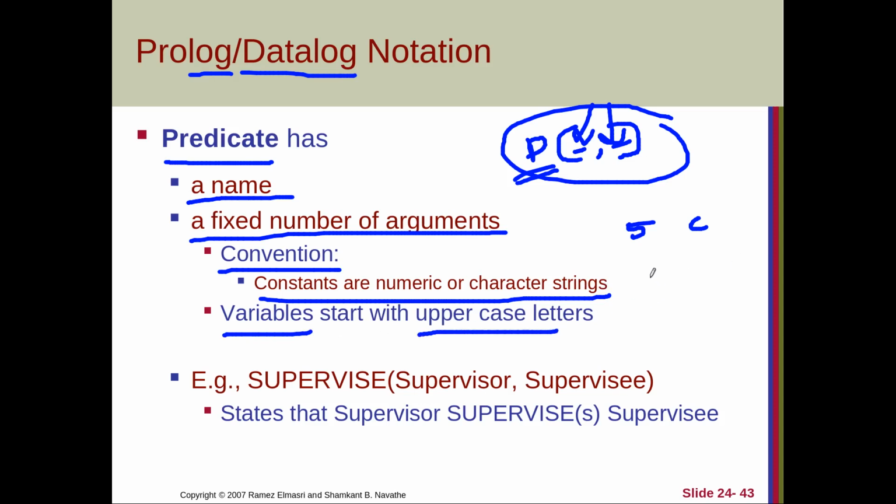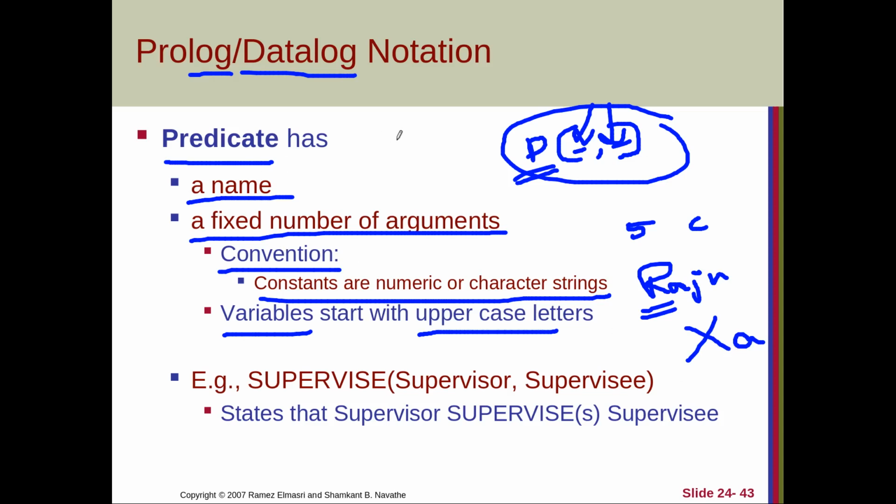Raju cannot be a variable, but if I am using a variable x, it must be in capital letter, and if I am using H, H must be capital.